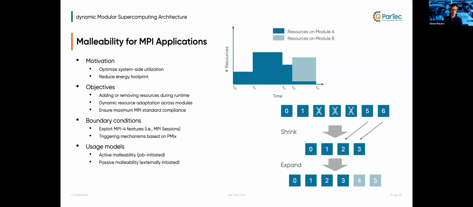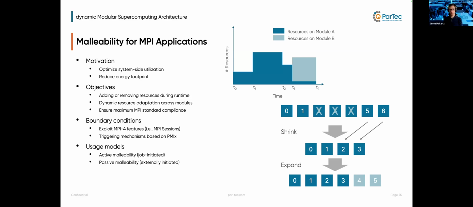So the motivation is really to further optimize system utilization by not only optimizing the mapping of assigned resources to the applications or workload at startup time, but even during runtime, since we might have applications which have different phases like pre-processing steps, post-processing steps, which require different resources compared to each other, and thereby also reducing the energy footprint.